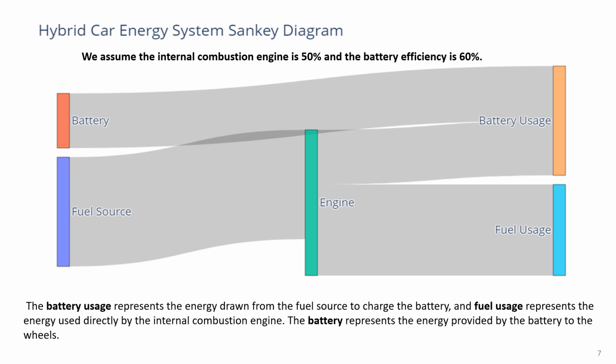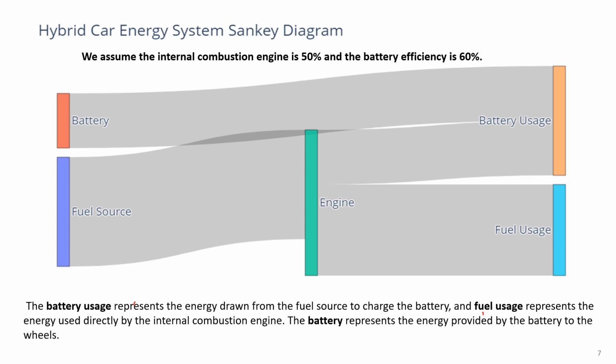So if we put it all together and run our code, we're going to have something like this. I'm going to show you a much better version of this in the next slide, but let's read what we have below. The battery usage represents the energy drawn from the fuel source to charge the battery, and the fuel usage represents the energy used directly by the internal combustion engine.